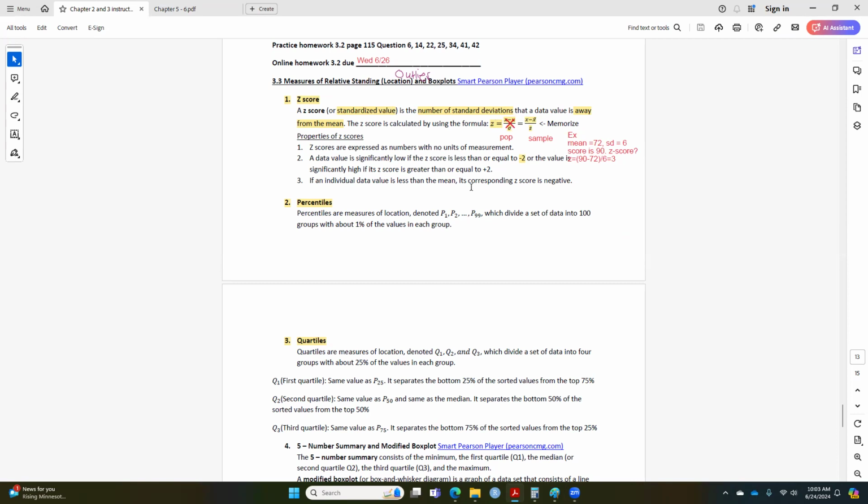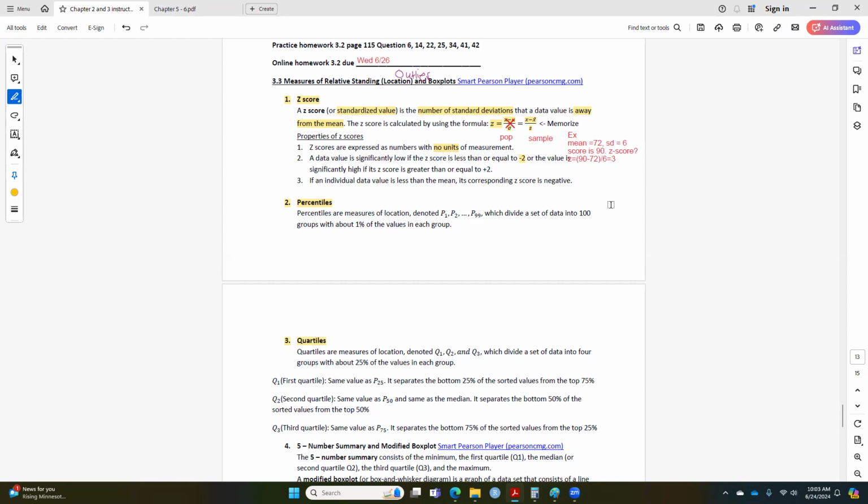Then we figure out what the z-score is used for. Here are some properties of the z-score. One, make sure you know that the z-score has no units. That means the 3 that we calculated in the example has no units.